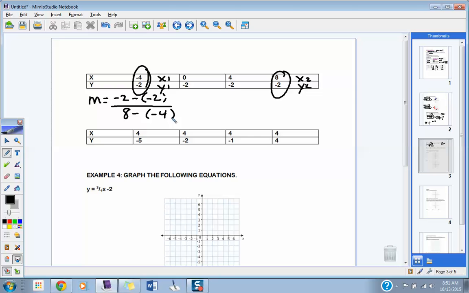Guys, up top, this is really negative 2 plus 2, so what are you going to have up top? Careful. 0, right? How about on the bottom? 12. I'm going to type something in on decimals real quickly. What is 0 divided by 12, guys? 0. All right. I'm going to punch this in real quickly. I'm going to show you what the graph would look like here for those points that form a line.